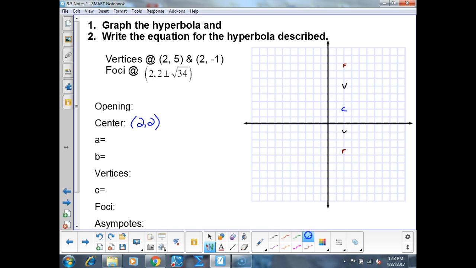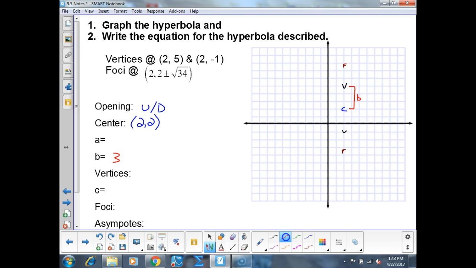Which way is it open then? Up and down. What else do you know? Tell me what you know, Luke. b is 3. Yep. We know that b is 3 because b is here.